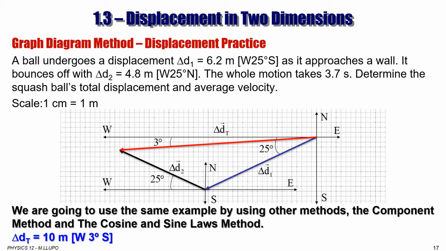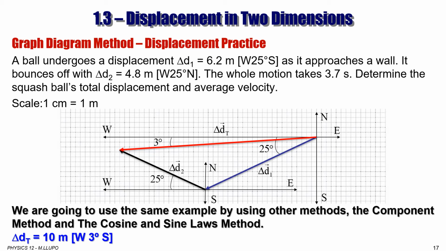However, we're going to use the same problem with the 2 other methods, and we're going to compare them. How close, how accurate can we be? Which method is more accurate? What are the downsides of the other methods? We're going to talk about this after we learn one method at a time.